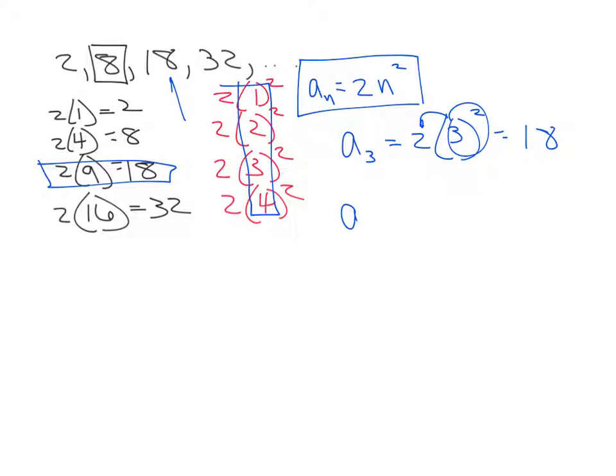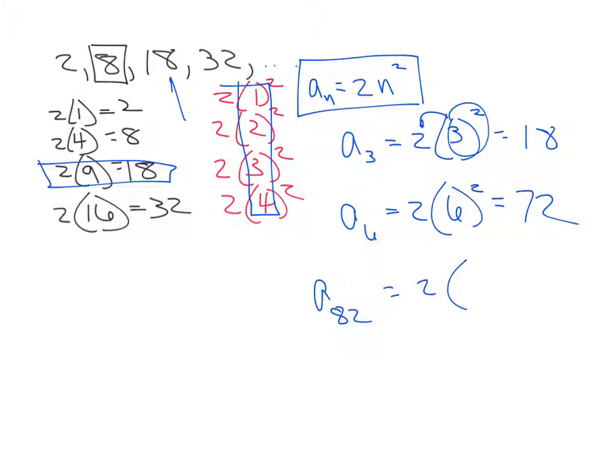If I take my sixth number, that would be 72. Okay, so I can find like my 82nd number, whatever that is, multiply that out, and that gives me my 82nd number in this series here.